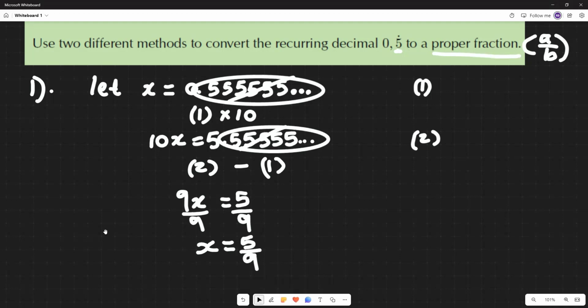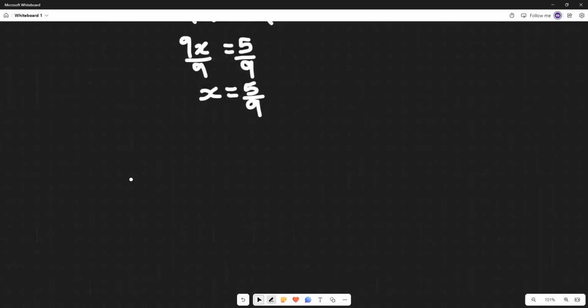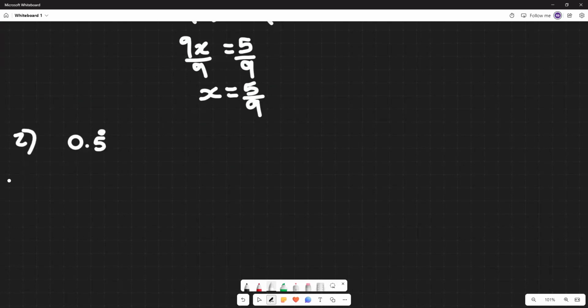The second method is going to be applying this. So you have 0.5 there. I'm going to do method 2 here. We need to acknowledge that this can be written in this form.